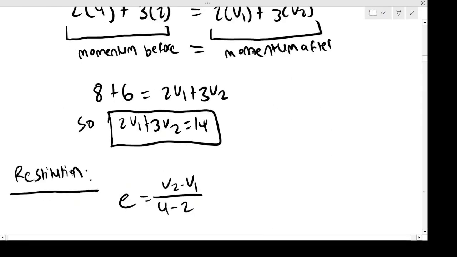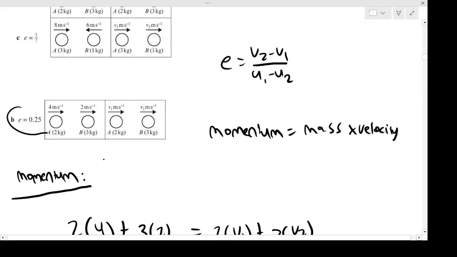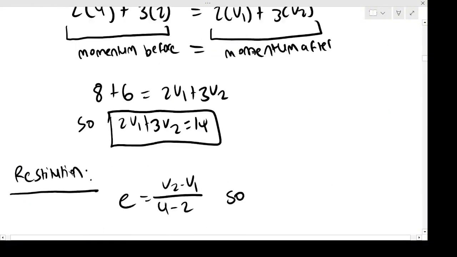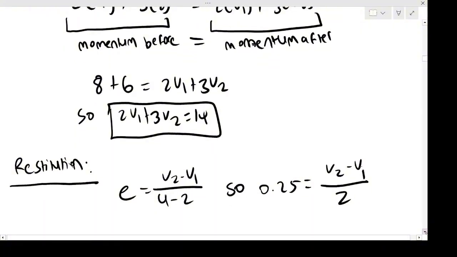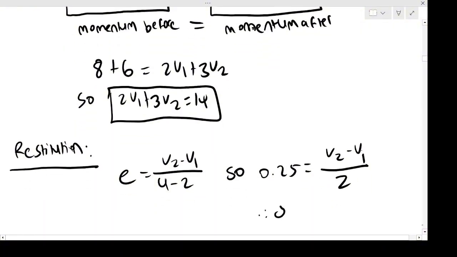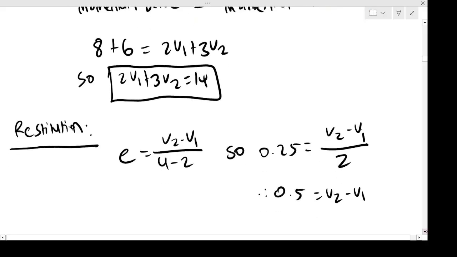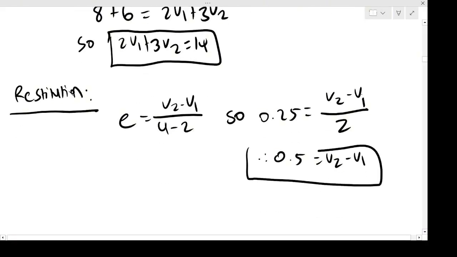And actually, we know that E is 0.25. So that means 0.25 equals V2 take away V1 over 2, since 4 minus 2 is 2. Then we can cross multiply by 2 to get 0.5 is V2 take away V1. And we get this second equation here.